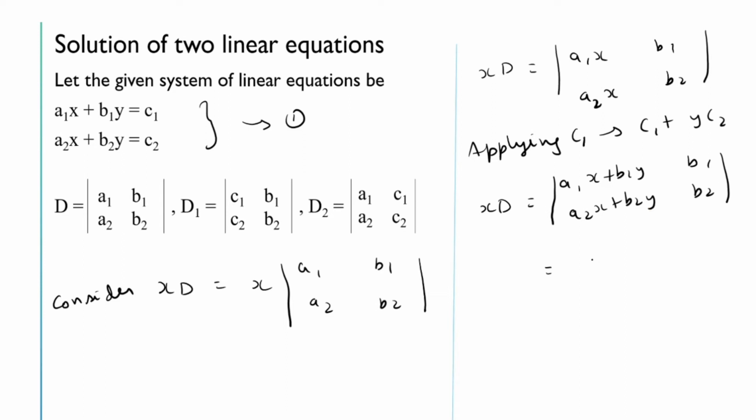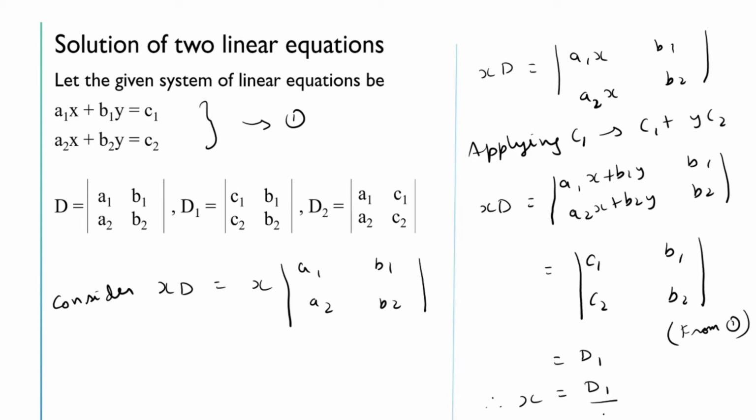So this is equal to the determinant c1, c2, and here b1, b2. Now we can see that this determinant is nothing but the determinant D1. Therefore x is equal to D1 by D.